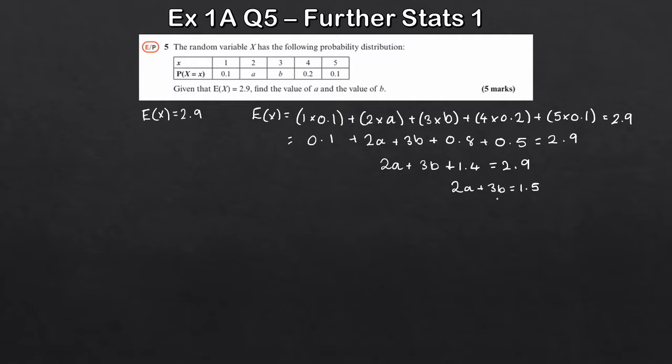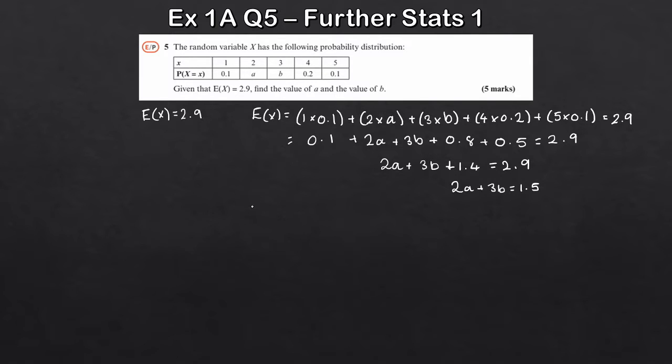Now, because this is in terms of a and b, we can't solve this just yet. So we need to obtain another equation, and then we can solve simultaneously. So what other equation can I obtain? Well, remember, for a probability event, the sum of the probabilities should add up to 1.